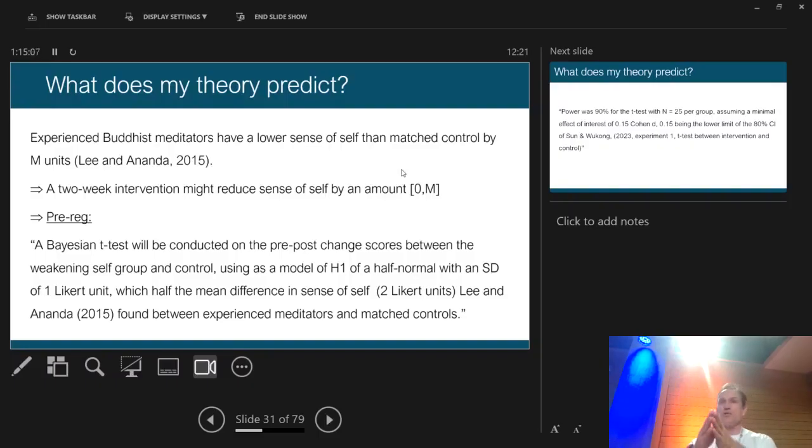This helps me do a Bayes factor because then I know that whatever effect I get is going to be somewhere between 0 and that maximum. And maybe half of that is extremely roughly what is predicted. So then what I would pre-register is the fact I'm doing this t-test, and then this is the prior, as people say, or the model of H1. And what I like to do is to give a little reason, because this is what these authors found in these conditions.